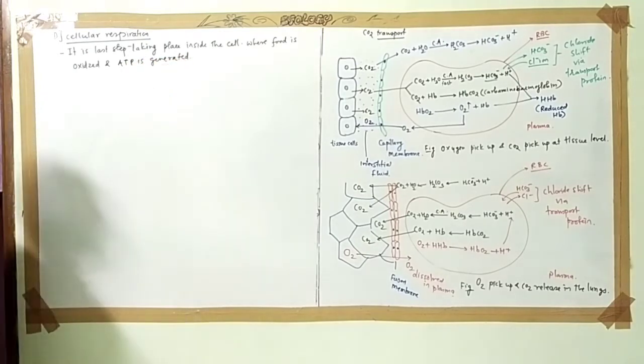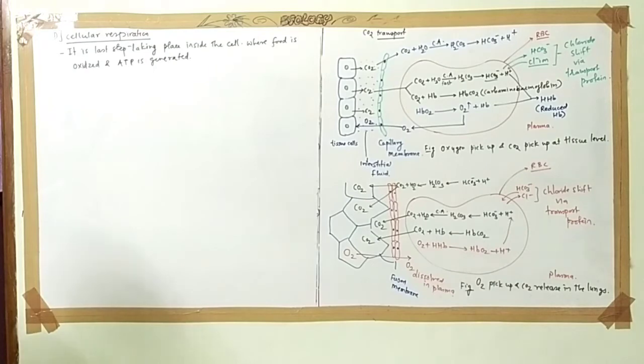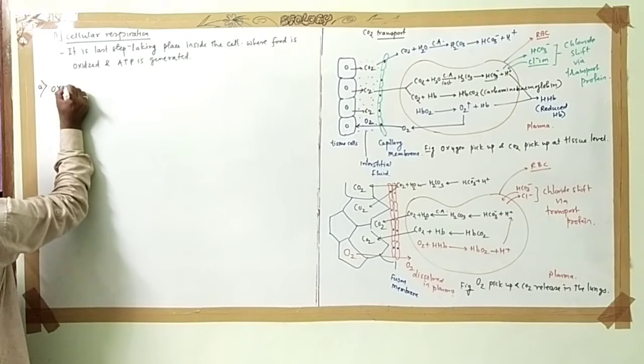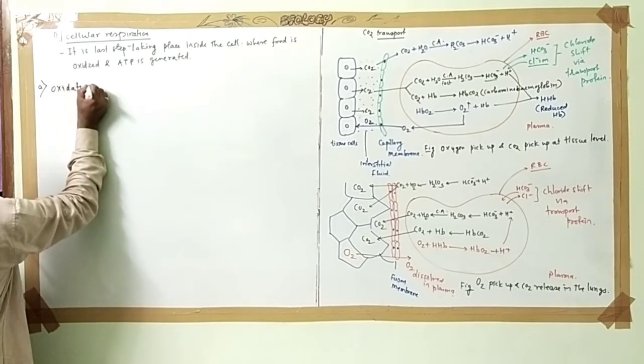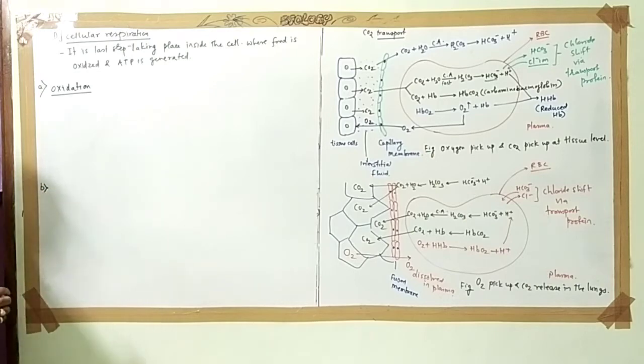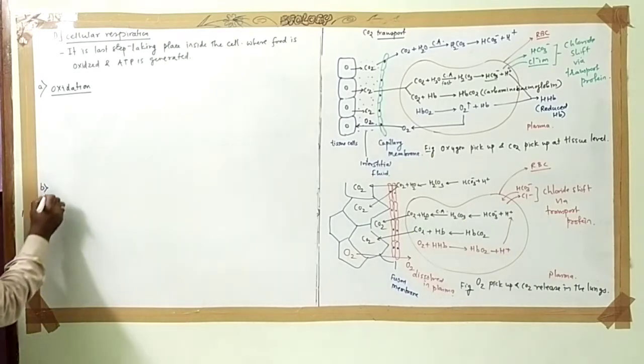Food is oxidized and ATP is generated. It can be shown by two steps. The first one is oxidation, and the second is called phosphorylation.